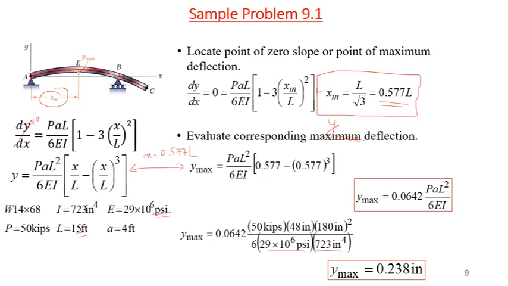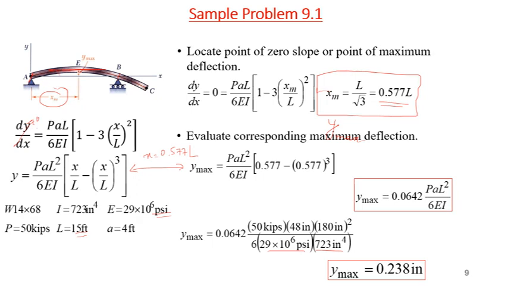And we calculate y max as 0.238 inch. If you look at the deflection, the overall length of the beam is 19 feet, sorry, and in terms of inches it is 228 inches, and the deflection is 0.238 inch. So it's a very small deflection.